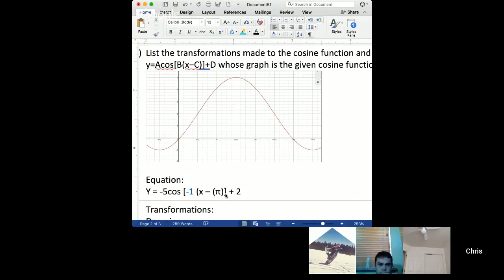Maybe we just need to move it over one. It's only going down 1. No. Minus pi.